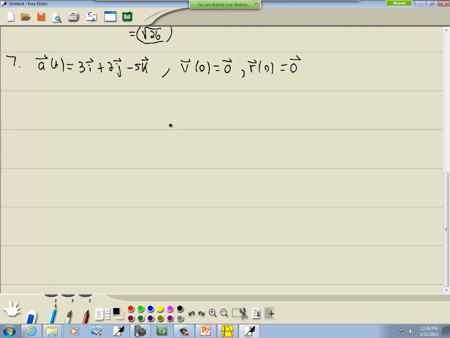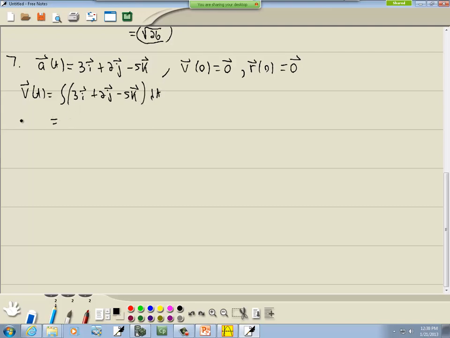Okay, they want us to go backwards here. They want us to first find v. To find v, we're going to take the integral of 3i plus 2j minus 5k with respect to t.